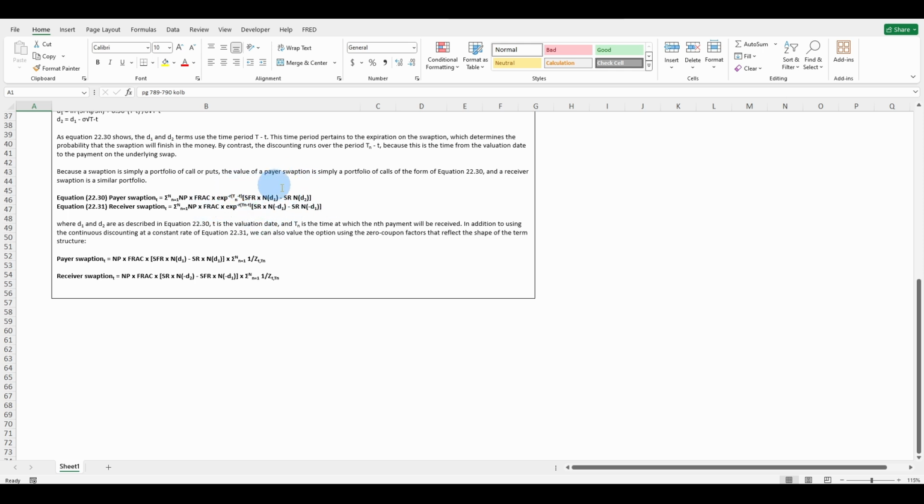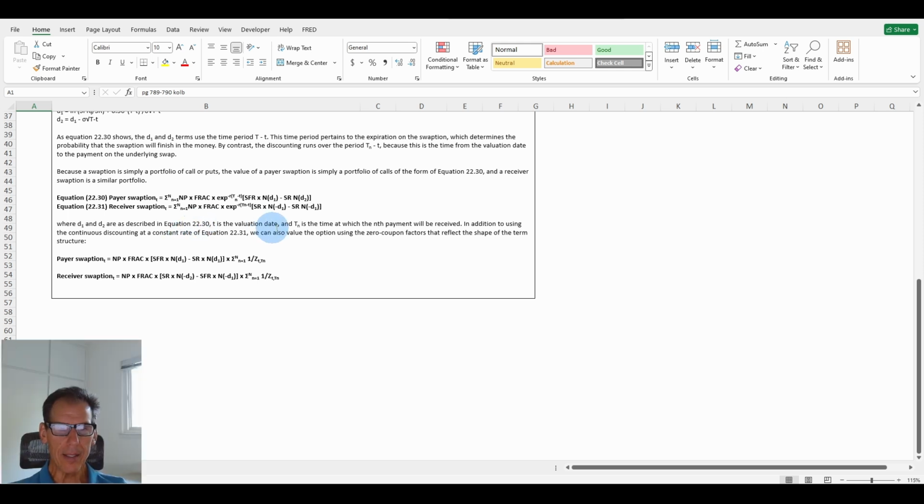If the logic is a little bit screwy, go way back to the very beginning of options, make a bit of an investment, and review this stuff. And here we have d1 and d2 as described in equation 22.3. t is the valuation date, and T_n is the time at which the nth payment will be received.